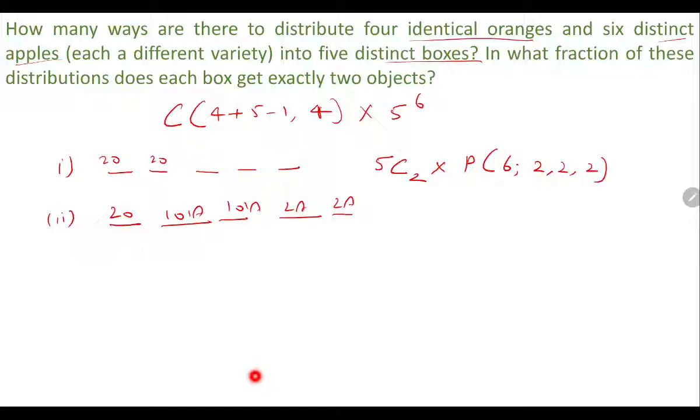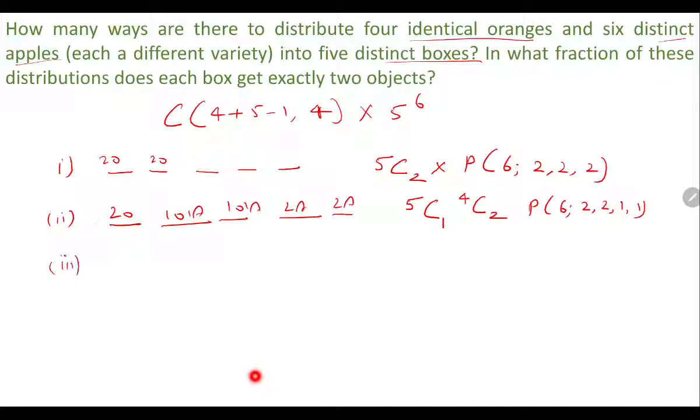The other case is 2 oranges in one box, 1 orange in two boxes, then apples 2, 2, 1 and 1. So only one box needs to be selected having 2 oranges, and out of the remaining 4 boxes 2 boxes need to be selected having 1 orange, and then the apples need to be distributed 2, 2, 1 and 1.